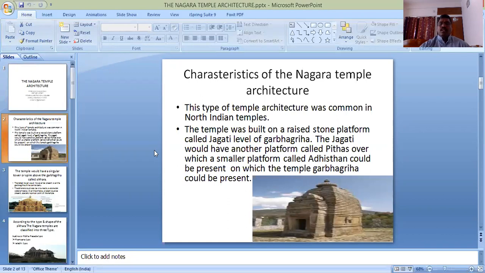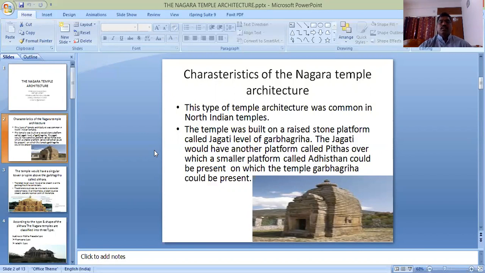It is very questionable why it is so called Nagara Temple Architecture, and what the main features of Nagara Temple Architecture were.